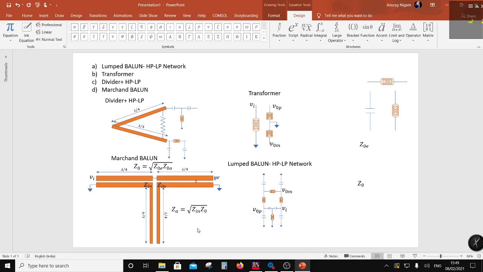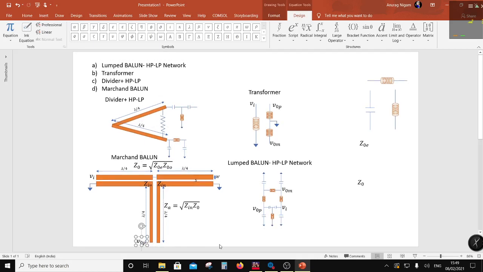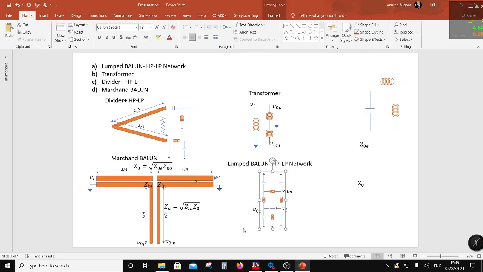Okay, so the overall design would be, you design it for a certain ZA, a quarter wave line, which will result in Z0, and your outputs would be over here. So this would be called a Marchand balun, which is totally distributed.